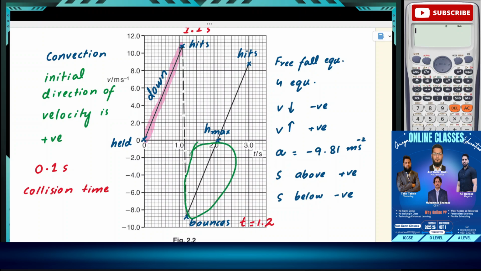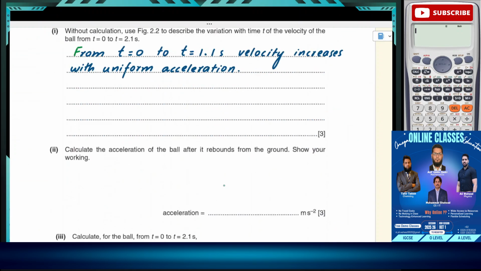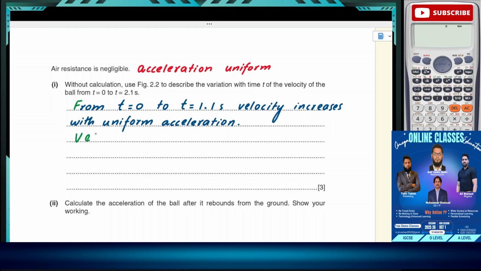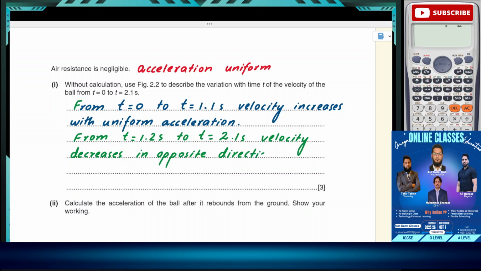From 1.2 second till 2.1 second, the velocity is now decreasing in the opposite direction. Velocity decreases in the opposite direction.